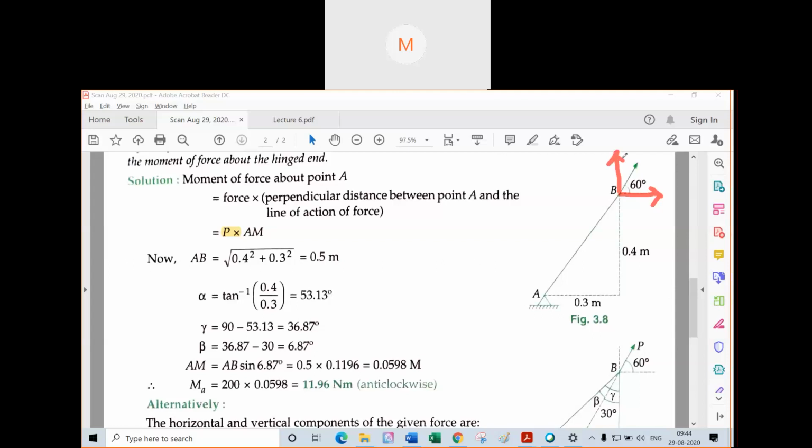Now look. Now if you see here, for this part, force is in this direction, right? So now force into perpendicular distance, that means this distance into this side. So this is the moment in this direction, and for the cos theta component it will be in this side, right?